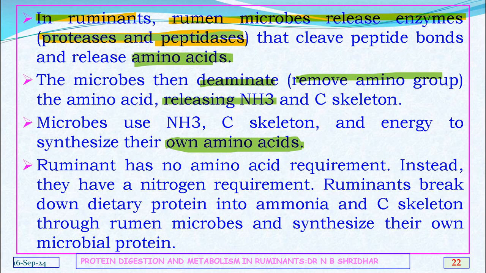The ruminants break down dietary protein into ammonia and carbon skeleton through rumen microbes and synthesize their own microbial protein. Because of this, they can fulfill their needs with non-proteinous nitrogen, maybe in the form of urea, and even though the protein quality is very low, the ruminant microflora will produce their own amino acids.